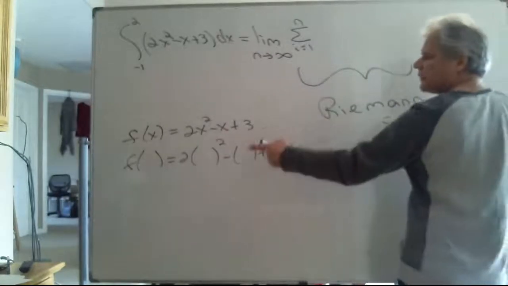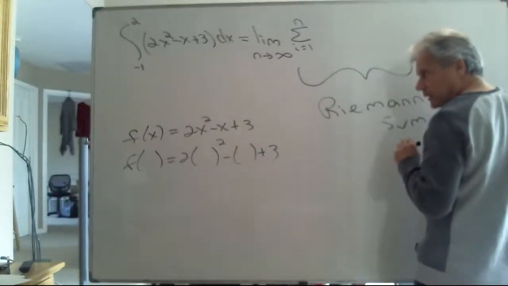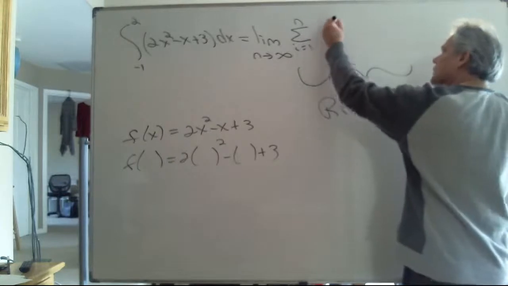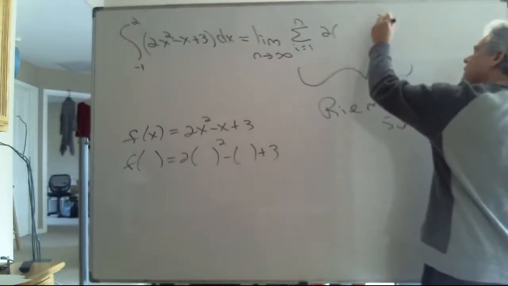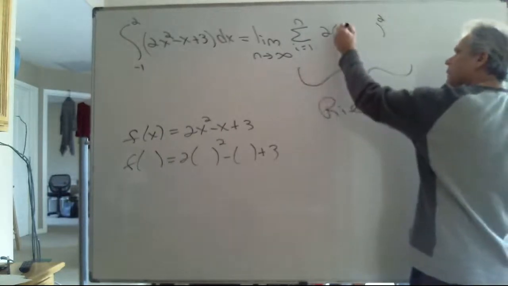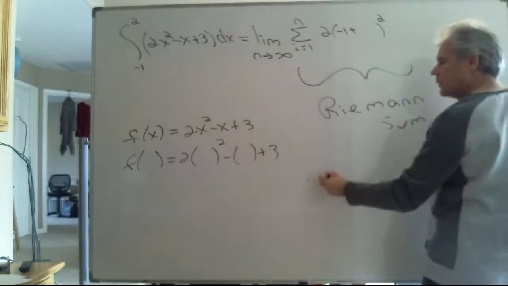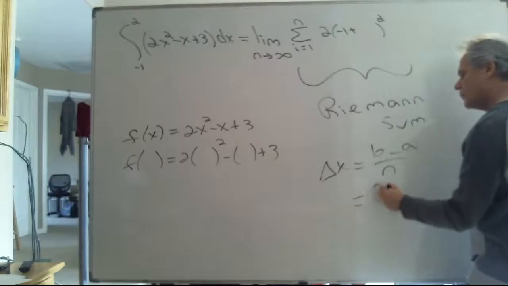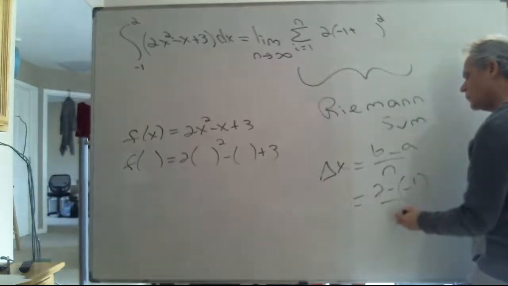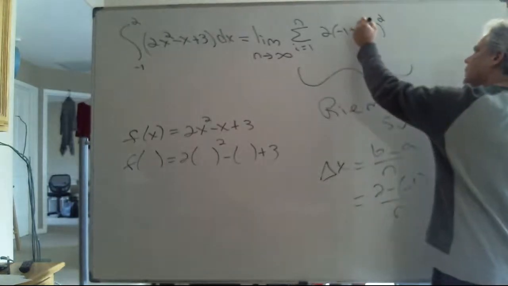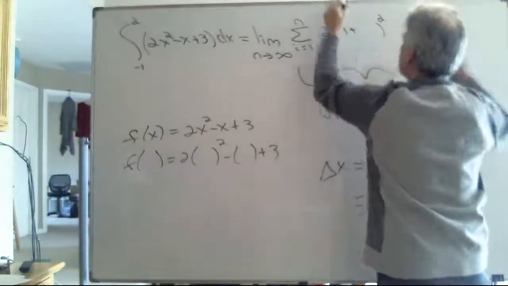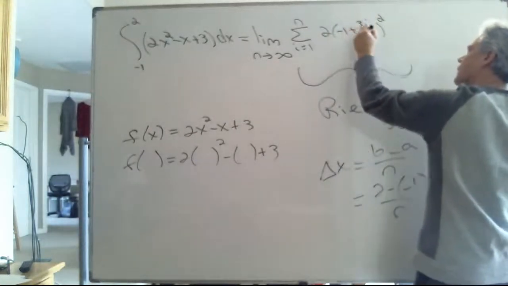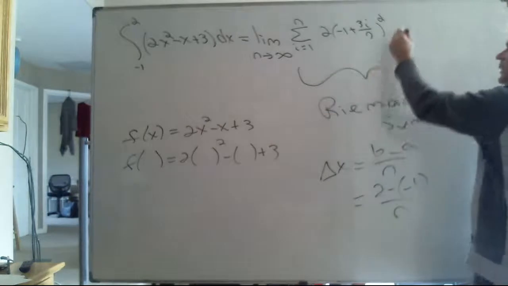And I've got my f of a plus i delta x. Well, that gives me 2 times something squared, but the something is going to be my a plus i times delta x. Minus my x.